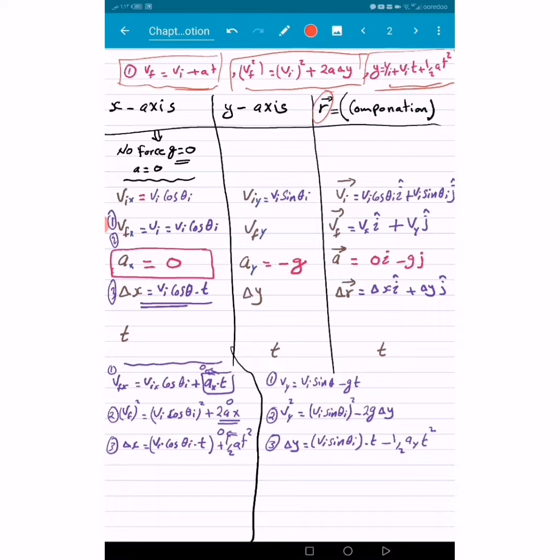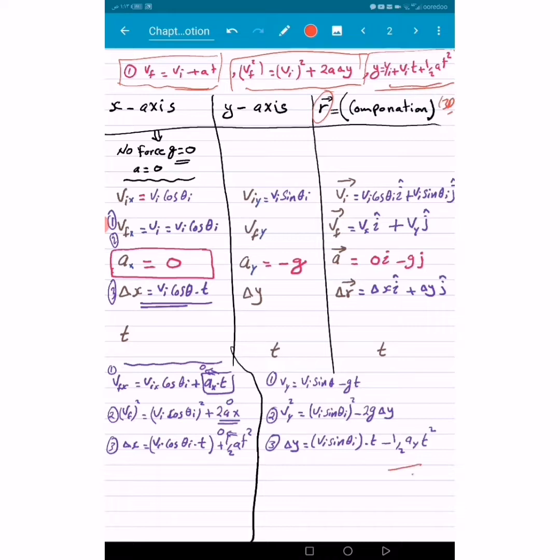First of all, I know there is no effect in x. So here I want you to be careful. There are 5 important variables, in x, in y, in r, or in 3 dimensions, in 3D.